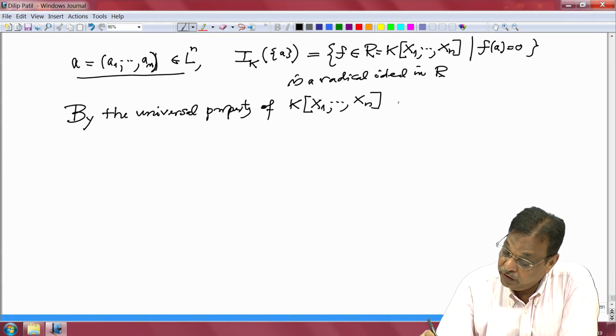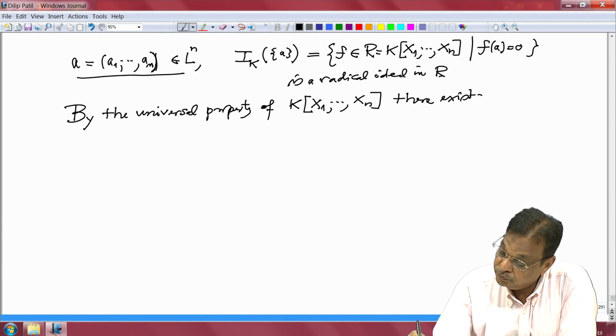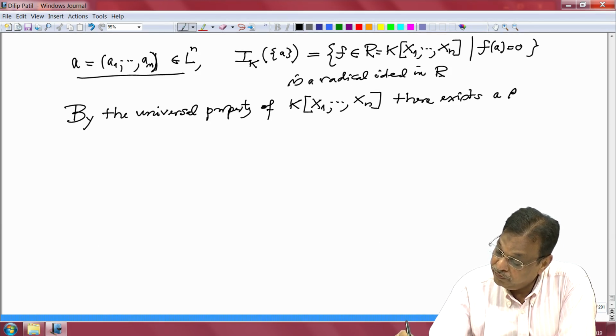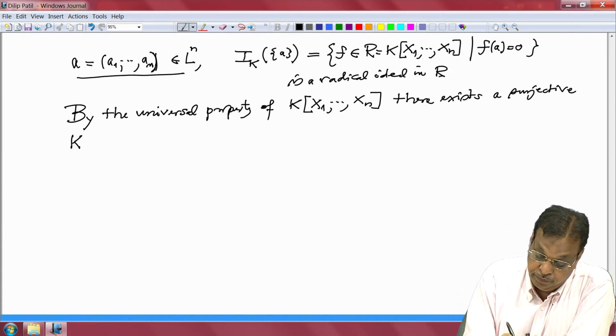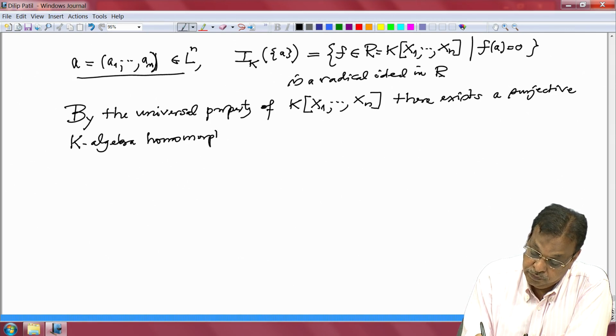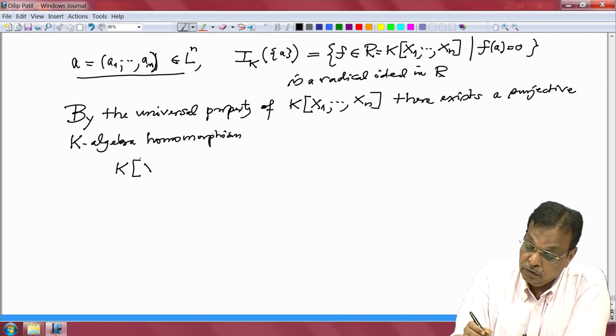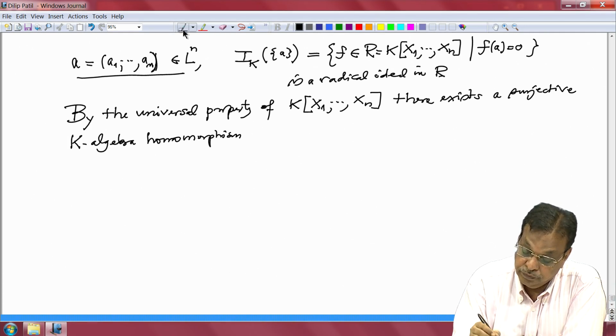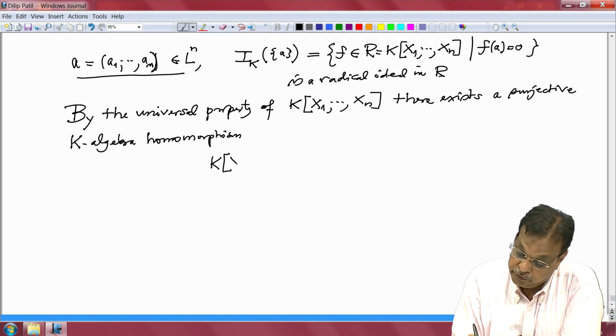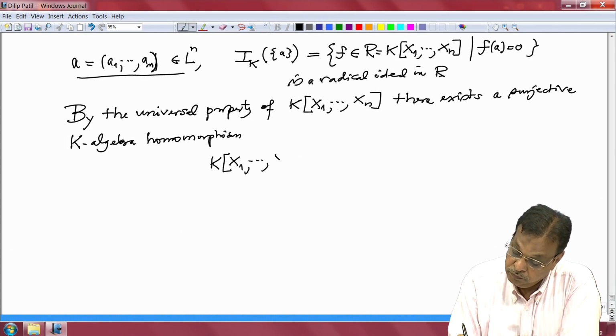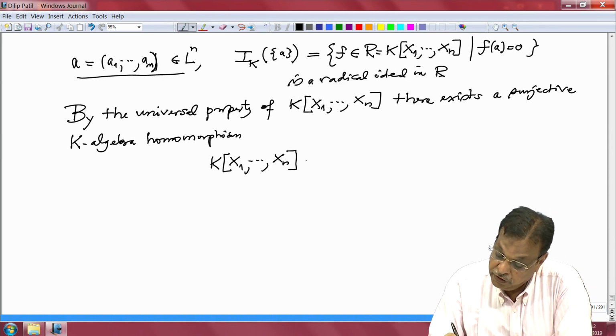So there exists a surjective K-algebra homomorphism from the polynomial algebra K[x_1, ..., x_n], and that is the evaluation map.